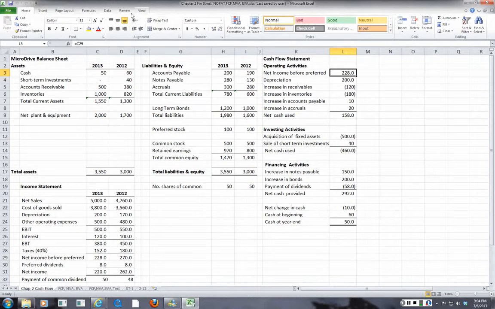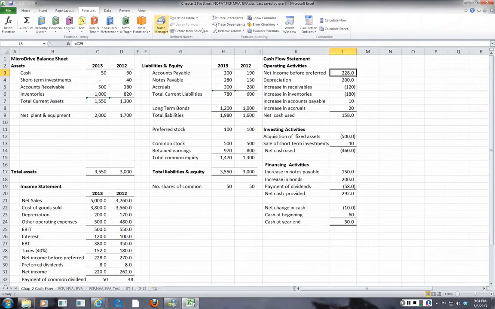We can see that the net income before preferred is $228,000, and to that we're going to add depreciation, which is over here in the income statement.